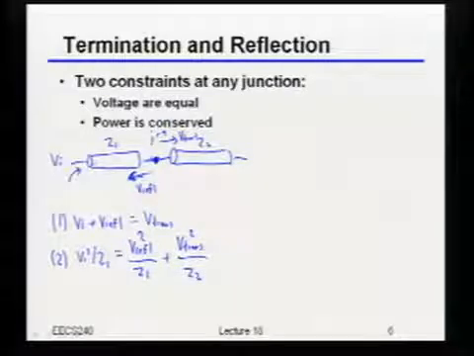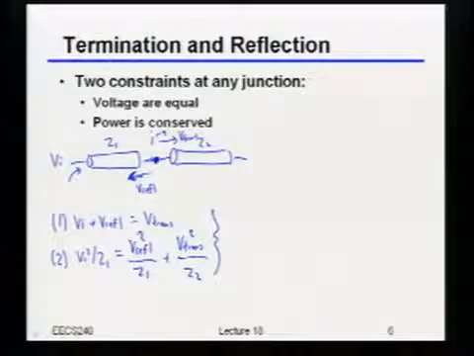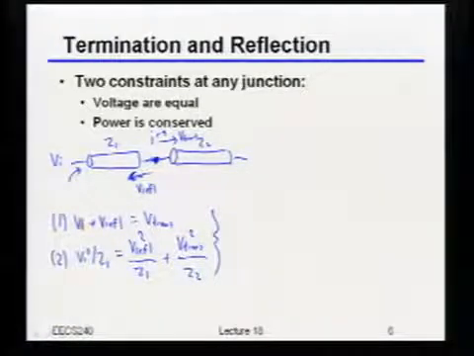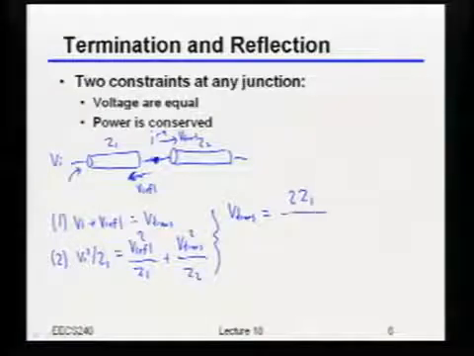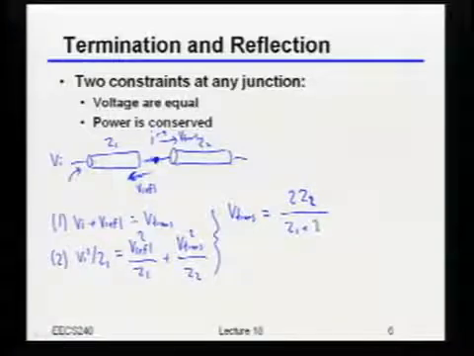Okay? So it turns out those are the only two things you need. If you use those two equations, because of course I only have two unknowns here, so if I tell you what the input voltage is, and I want to know what's the reflected voltage and what's the transmitted voltage, and I know what Z1 and Z2 are, I can just put them together, and what you'll get is that the transmitted voltage is just 2Z2 over Z1 plus Z2 times the input voltage.